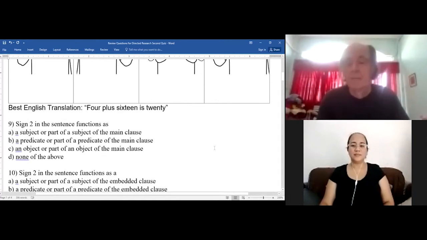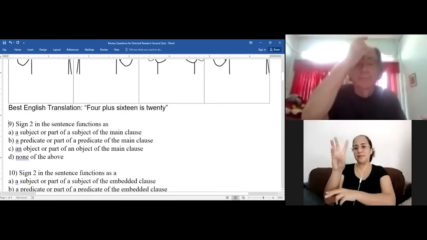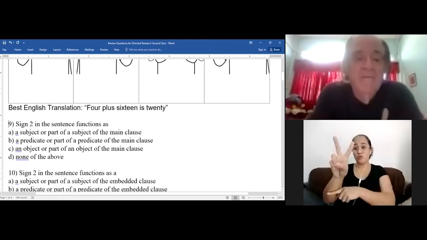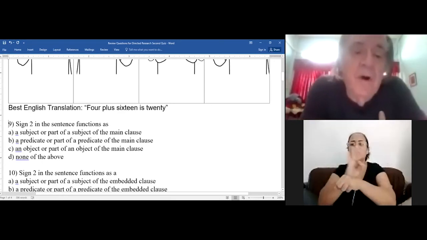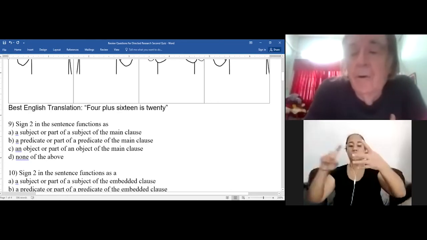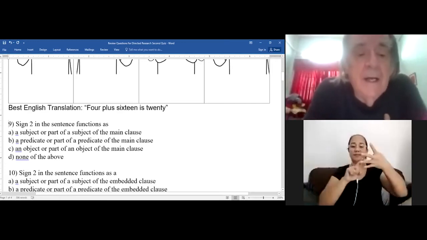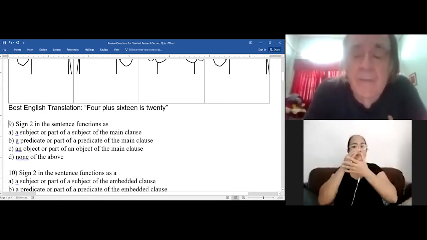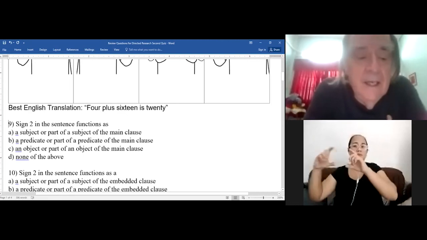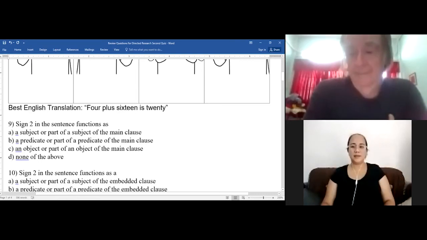Sign number 2 in the sentence, which is 16, functions as A, a subject or part of the subject of the main clause. B, a predicate or part of the predicate of the main clause. C, an object or part of an object of the main clause. D, none of the above. I see C's, as in cat.